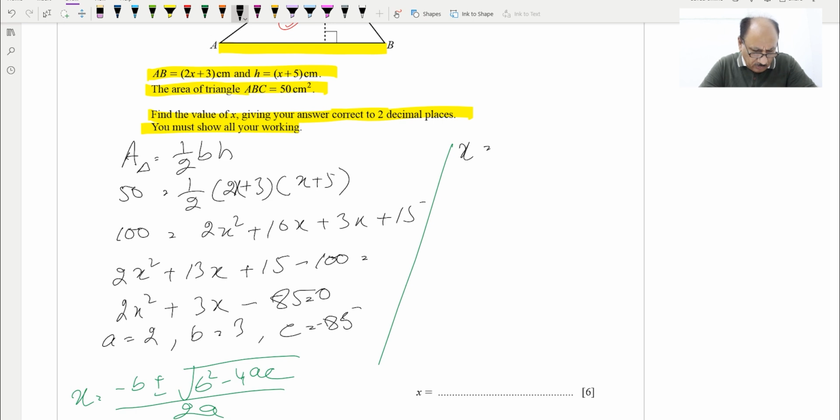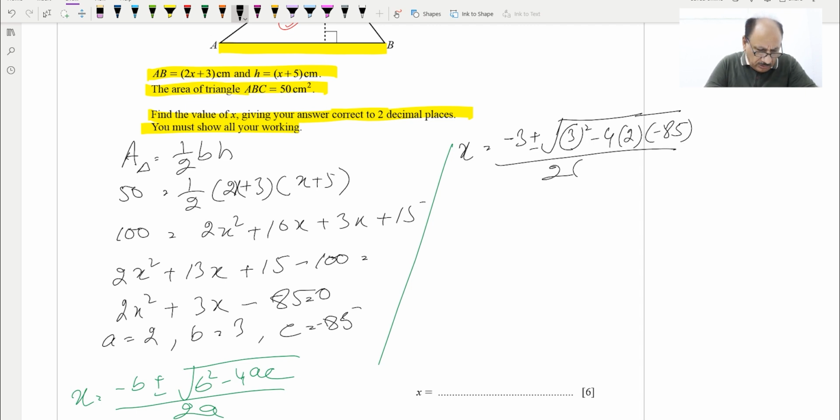X will be equal to minus b. So 3 plus minus b square, which is 3 square minus 4a is 2, and c is minus 85, over 2a, and a will be also 2. And now we can replace the values.